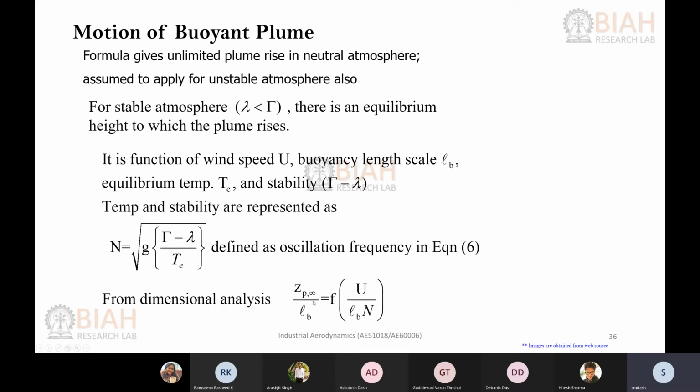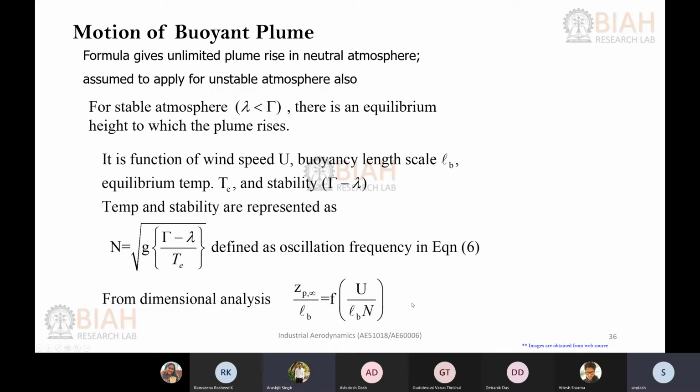You can relate the vertical dispersion of the plume along the vertical direction, that is zp infinity, where infinity is at the distance where it attains the equilibrium, at a height where it attains the equilibrium. That can be related with your wind speed, buoyancy length scale, and natural frequency of oscillation of the air pollutant. So that formula is also given here, n is equal to this much.